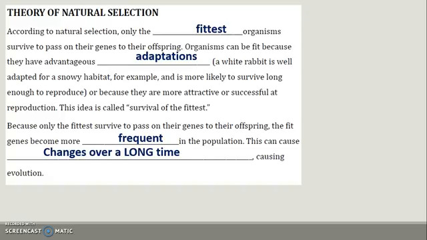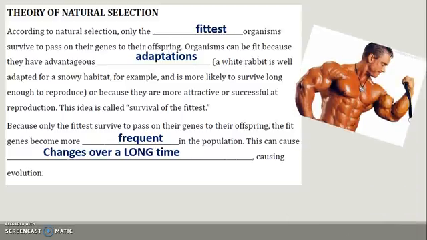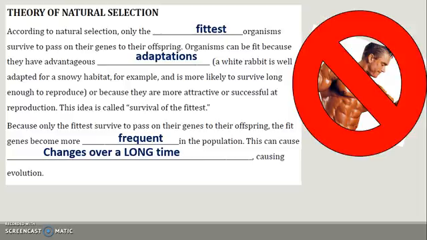According to the theory of natural selection, only the fittest organisms survive to pass on their genes to their offspring. Organisms can be fit because they have advantageous adaptations. When you think of fit, you shouldn't be thinking of this guy right here. Though he's very physically fit, he may not be the best adapted. You should think of an organism that is best adapted.